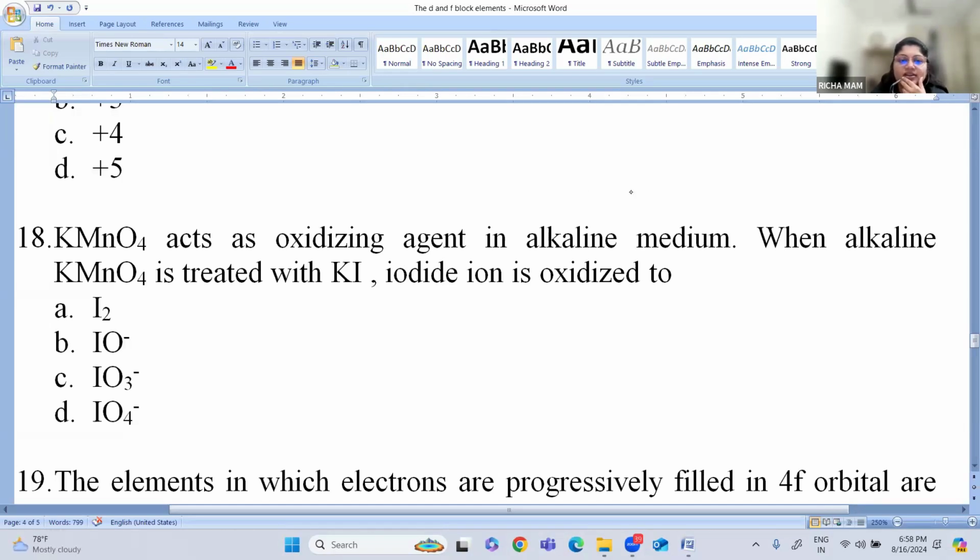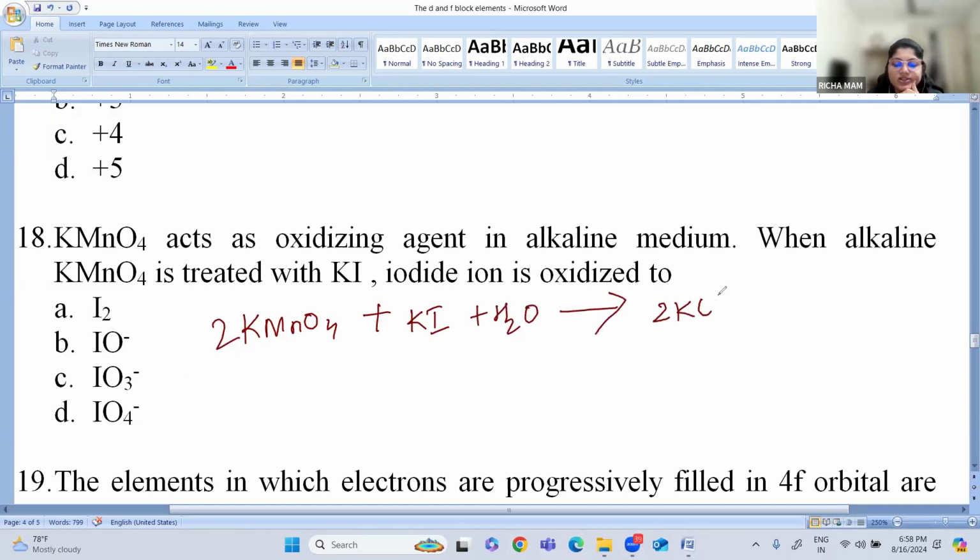If I write, it is acting as an oxidizing agent in alkaline medium when KMnO4 is treated with KI. So let's see what the reaction will be. It will be 2KOH plus 2MnO2 plus KIO3.